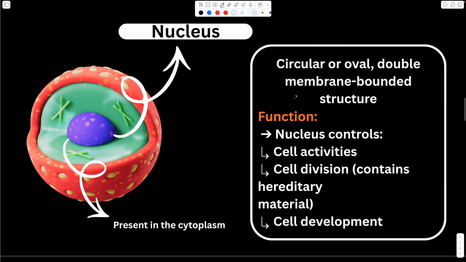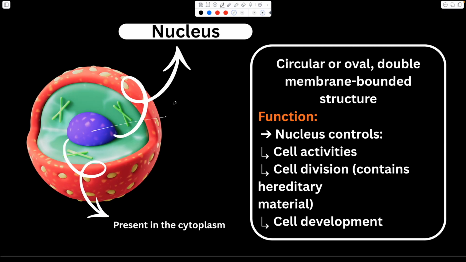We have the nucleus. The nucleus is where the genetic materials are stored. It is present in both animal cells and plant cells, and it is surrounded by a membrane-bound structure, right? So what is the function of the nucleus?